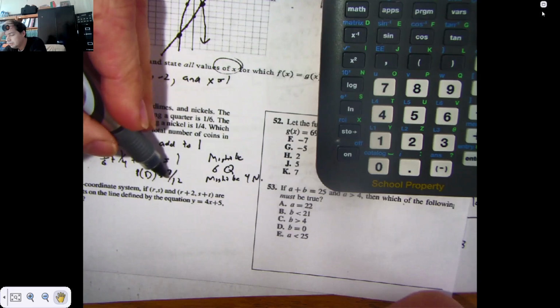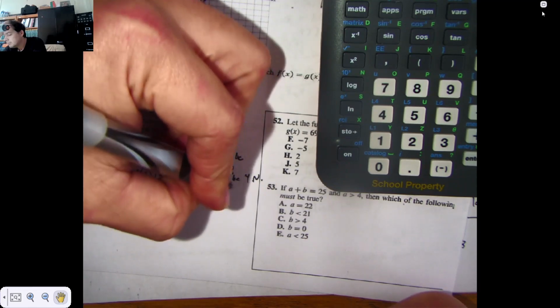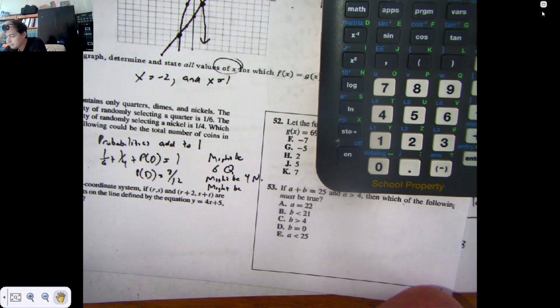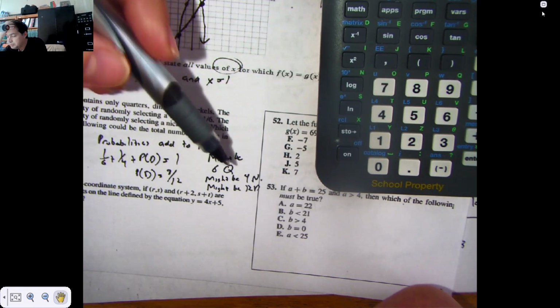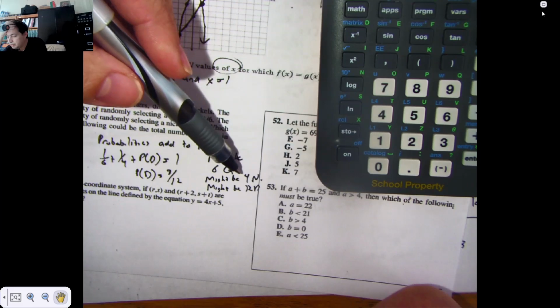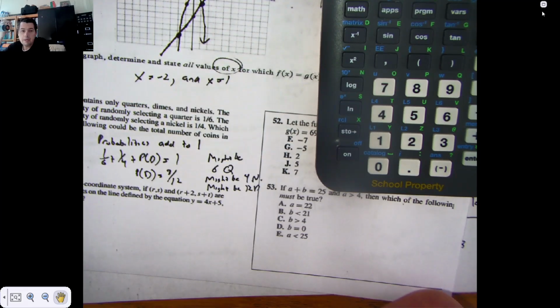And now I know there might be 12 dimes. Anyways, if I put those numbers together, I should get 22, which wasn't up there. Bummer, that stinks.